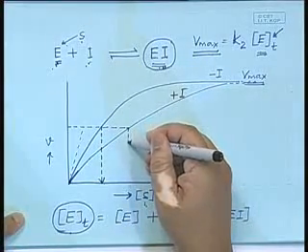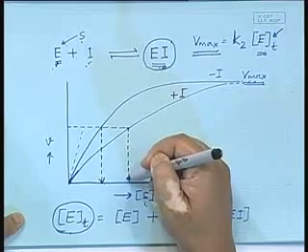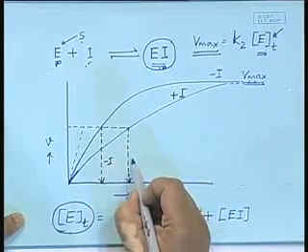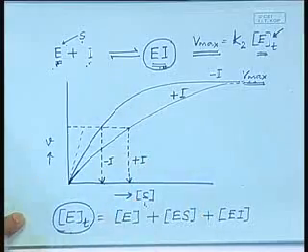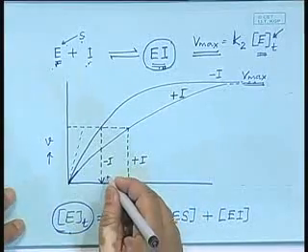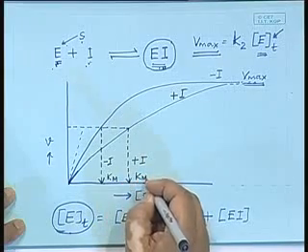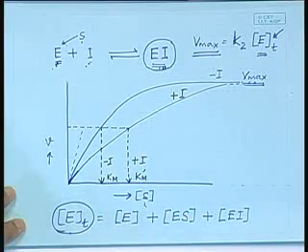This is my Km value. This is minus I, this is plus I. So, what has happened to my Km? It has increased. So, I put a Km prime for this.